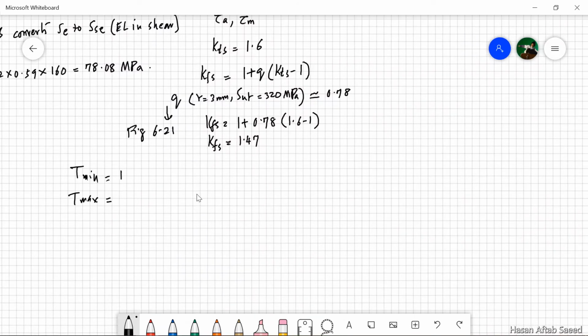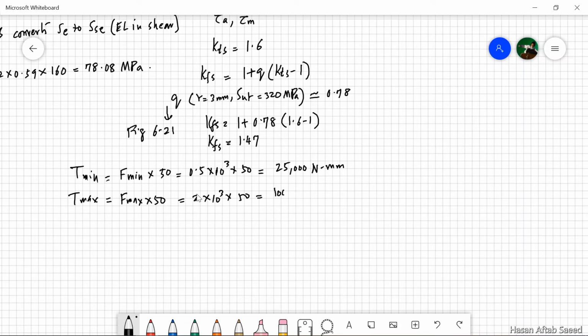Tmin will then be Fmin into 50 millimeters, and this will be Fmax into 50 millimeters. Putting in the values, 0.5 into 10 raised to power 3, I'm just converting kilonewtons to newtons, into 50, these are millimeters. So I have this 25,000 newton millimeters. Similarly, in this case, 2 into 10 raised to power 3, again newtons, into 50 millimeters. So you have this value.